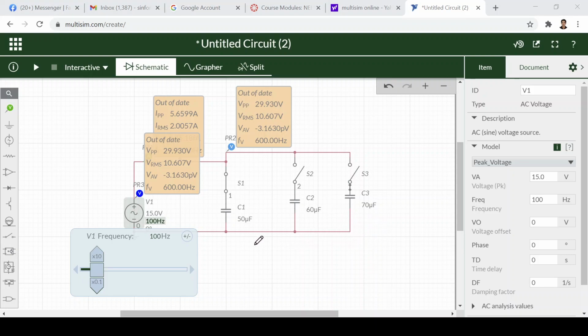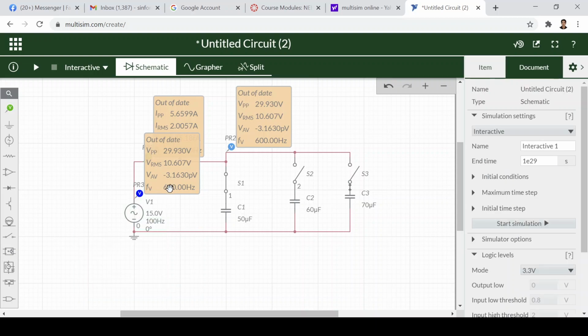From this setting, we shall connect 3 capacitors in the circuit, one capacitor at a time, and observe the reading of the current going into the circuit as we change the capacitance value connected.